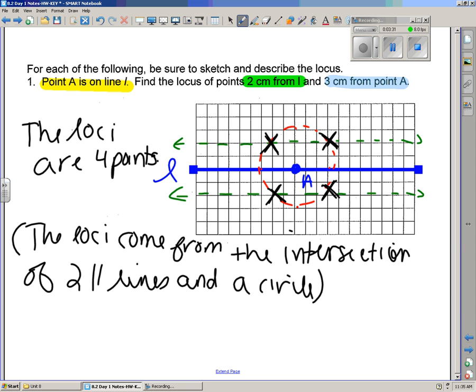It's fine to say the loci are 4 points, but it'd be nice if you can explain what you drew and why you knew what to draw because of the line and the point, and then go for your answer. So it's 4 points. I've marked them off. If you want to label the points, you can, but these X's are fine and your explanation is fine.